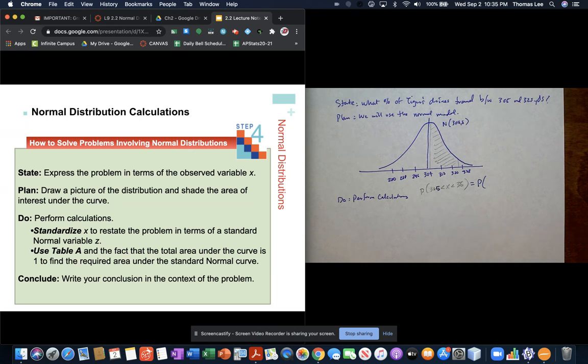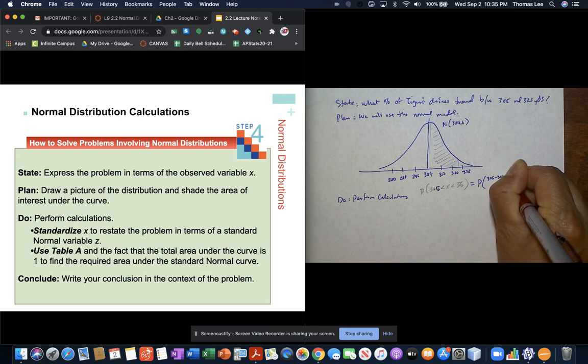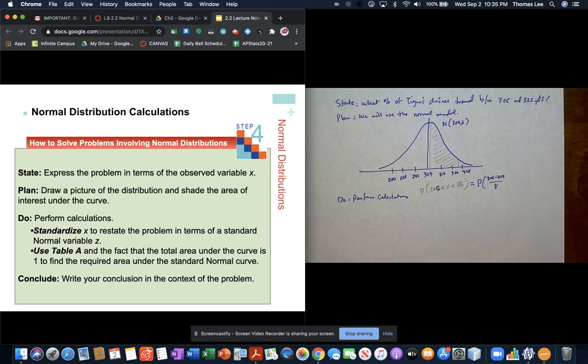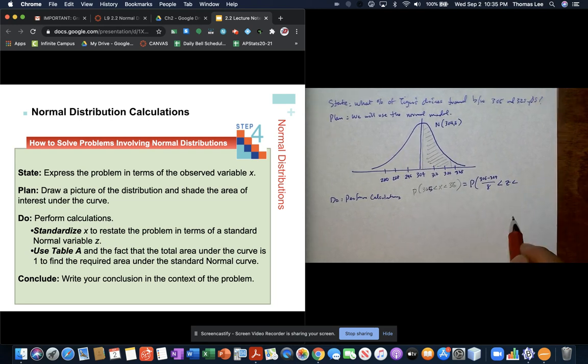What is 305 standardized? You can just write 305 minus 304, divided by 8, and that's going to be 1/8, or 0.125. And it's z, not x, because x is the actual observation and z is the standardized value.